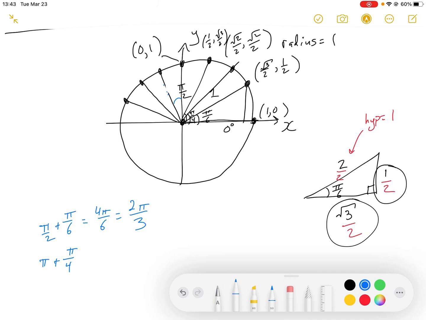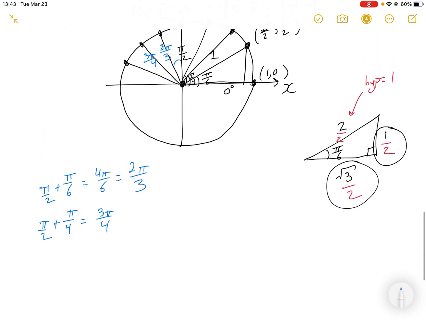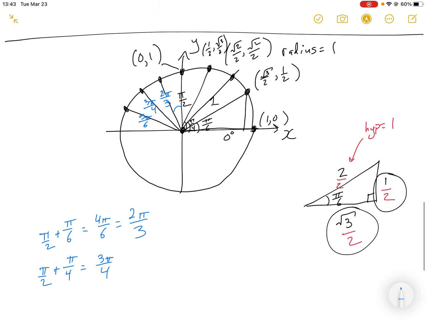So this angle is actually 2 pi over 3. And then pi over 2 plus pi over 4 would actually give me 3 pi over 4. So the next angle is 3 pi over 4. And then finally we end up right here, and this is going to be 5 pi over 6.